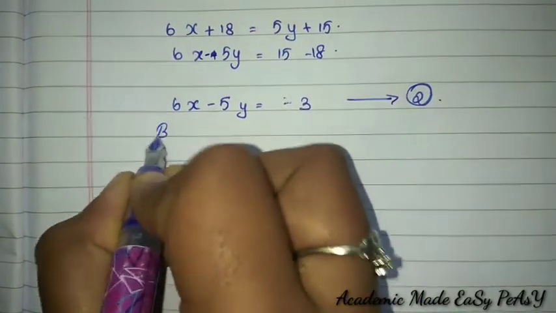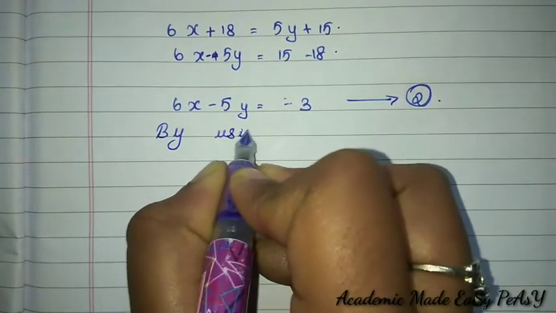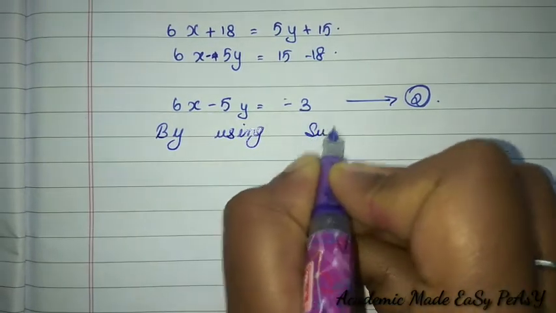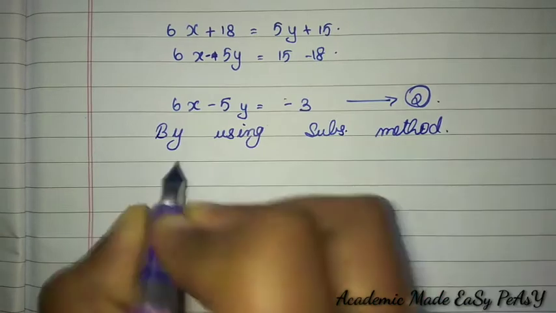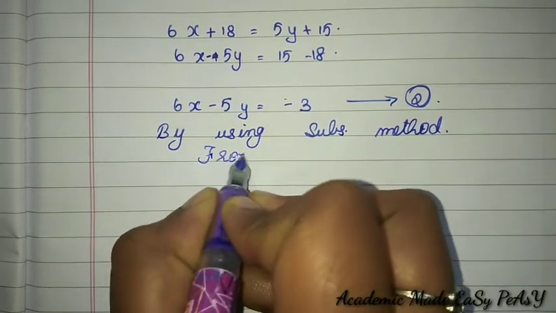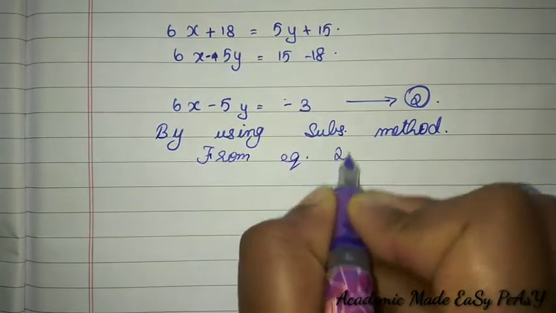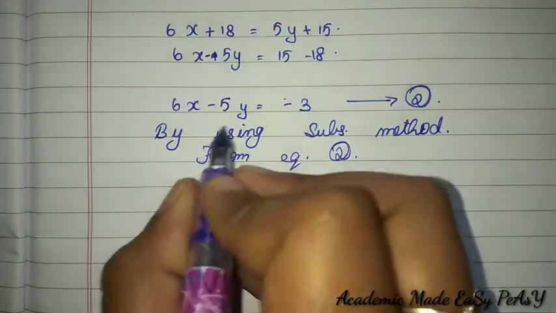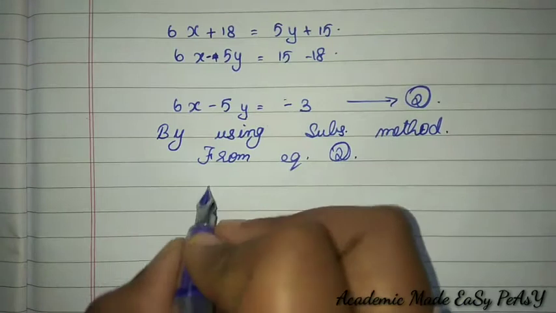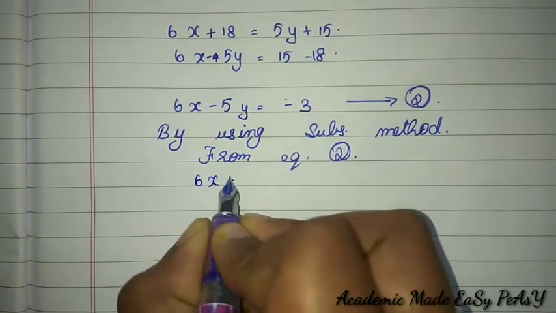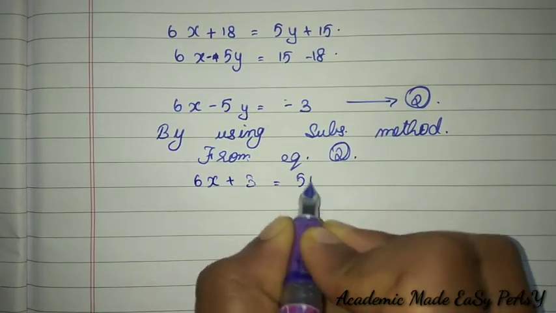So by using the substitution method, from equation 2 itself, let's take. Here let me have it in terms of y. So 6x plus 3 is equal to 5y.